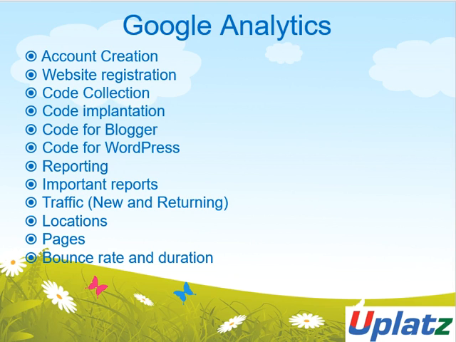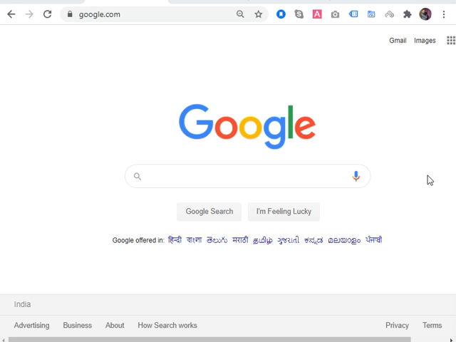First of all, I am navigating to the Google Analytics website, where I will give you a complete idea of how you will create an account. As we all know, we have an email ID mainly made in Gmail, so all of us have an email ID associated with Google or Gmail.